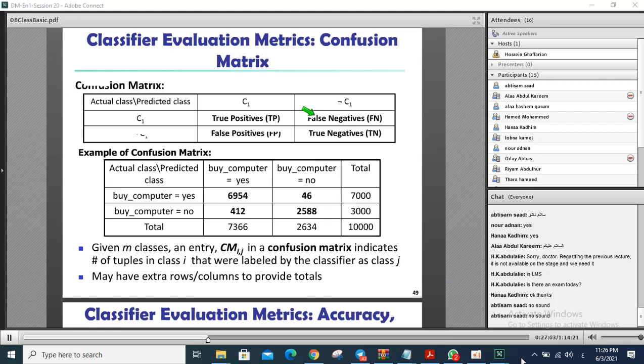But in false positive and false negative cases, the predicted value is not true. They are wrong. For example, in false positive, the actual class was not C1, but the predicted class label was C1. Or in false negative, the actual class was C1, but our model predicts not C1.